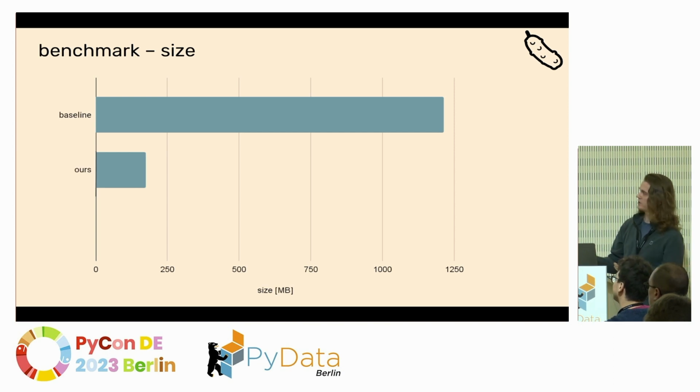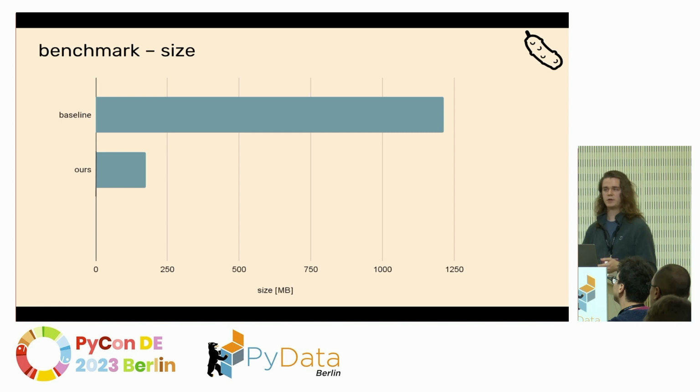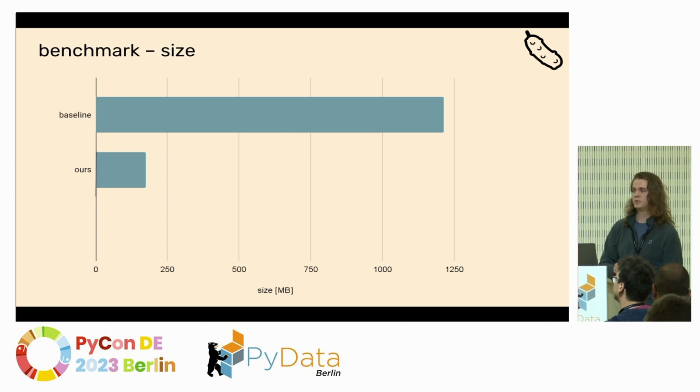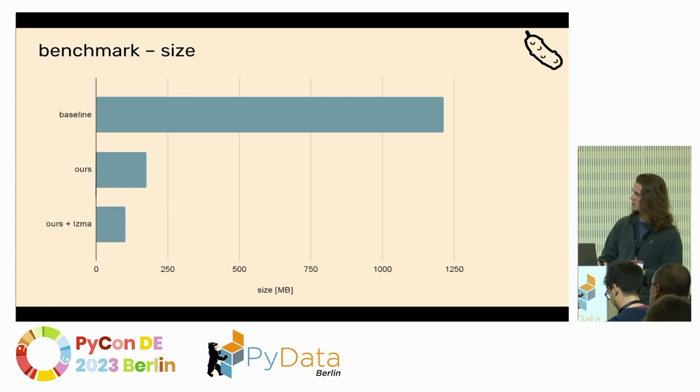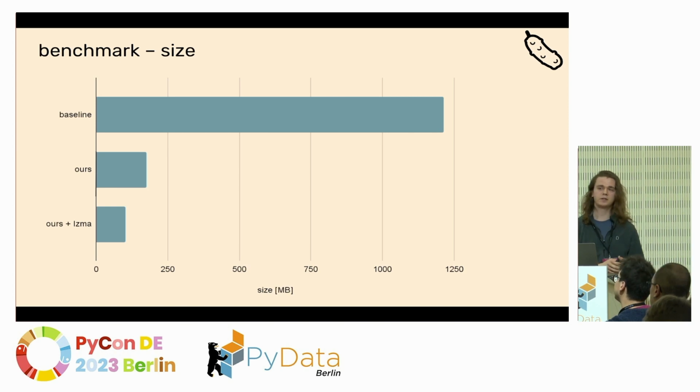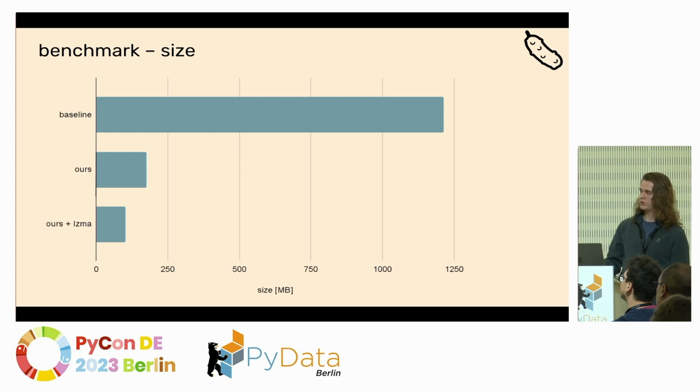When we apply our methods, we get to around 175 megabytes. So that's already a more than 6 times improvement. Not the complete 9 times, but it's already pretty good. And when we then also apply a compression algorithm on top of it, we get to 102 megabytes. So that's all in all more than an 11 times improvement over the original 1.2 gigabytes.